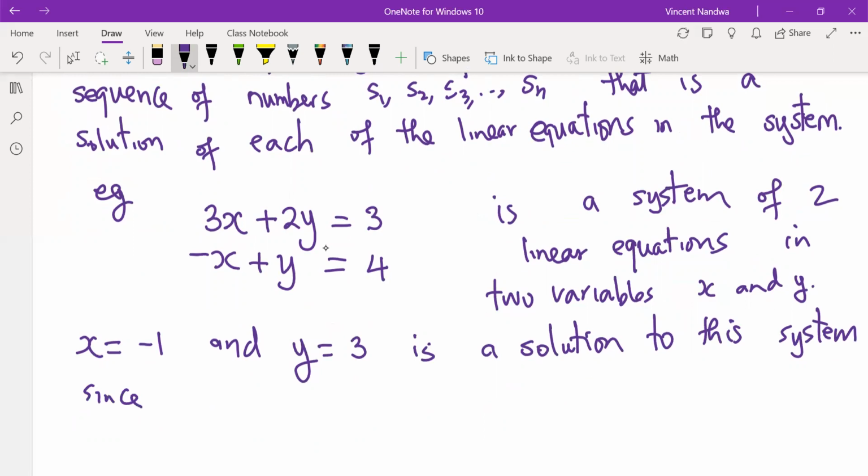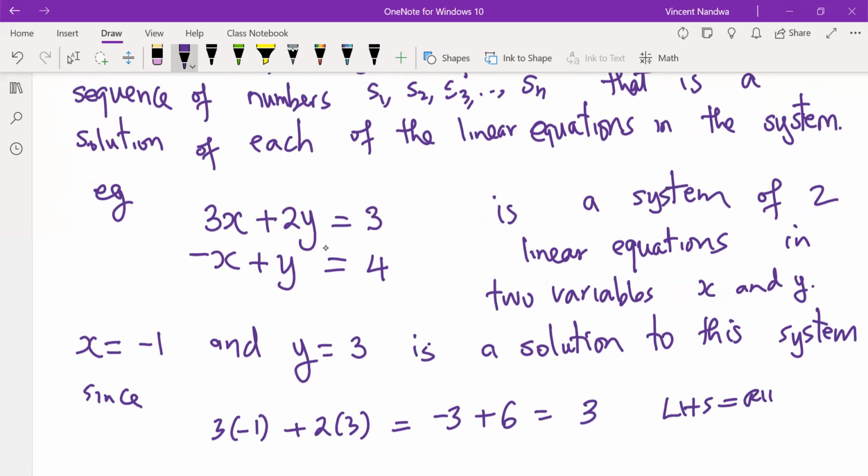if we put x equals -1 in equation 1, we'll have 3 times -1 plus 2 times 3, so this will give us -3 plus 6, which is 3. So left-hand side equals right-hand side, which is 3, so it's a solution to the first equation.